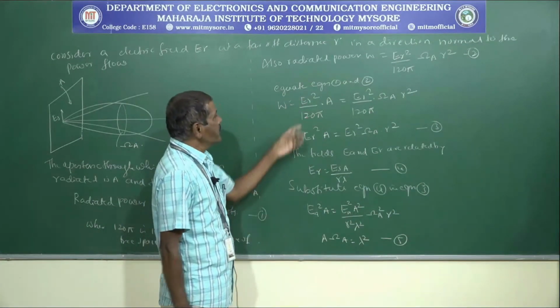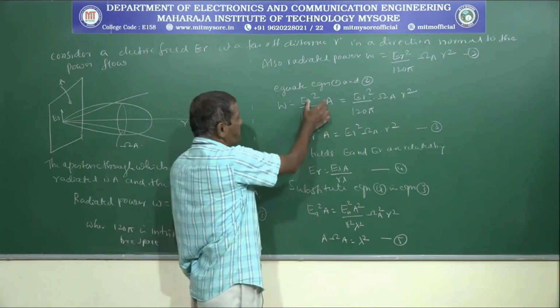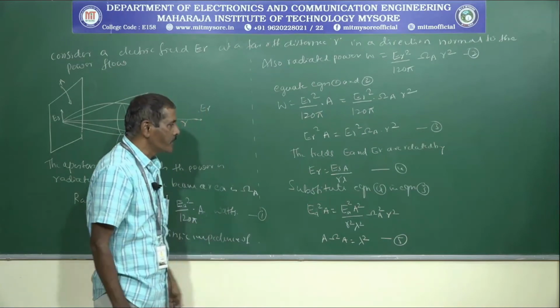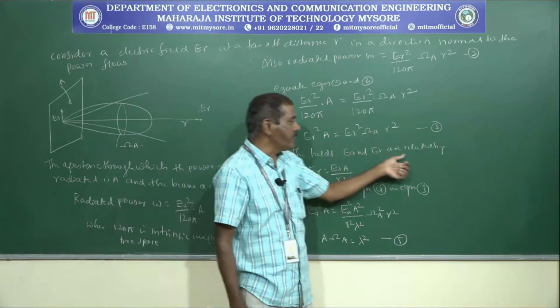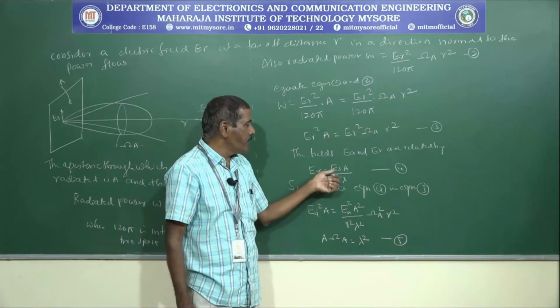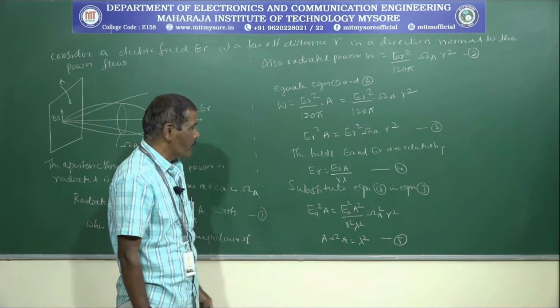We will equate them, then the 120 pi and 120 pi will get cancelled, and you will be left with these terms. Then the fields EA and ER are related by ER equal to ES into A divided by R into lambda.